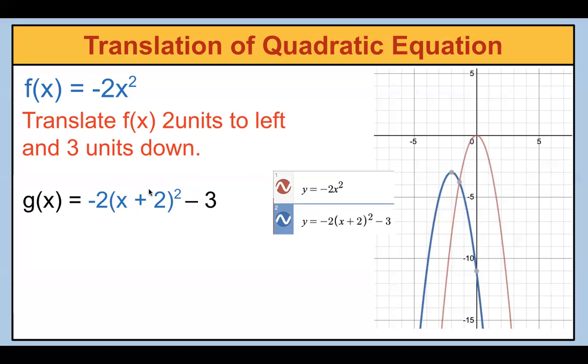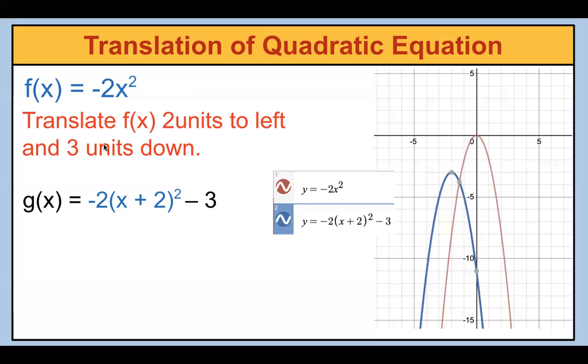So opposite of negative is positive, so you should put x plus 2. An easy way to remember is you substitute negative 2 for x, and you should make this equal to 0. So negative 2 plus 2 becomes 0, right?